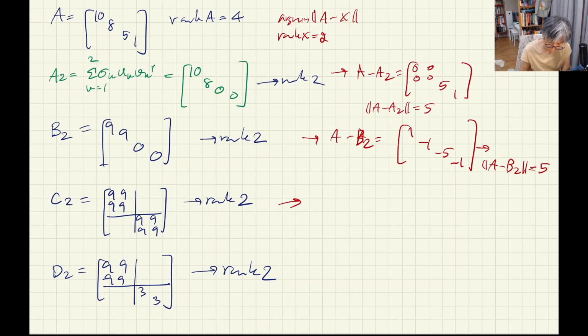In another example, I'm going to generate an n by n matrix A. My question is, what is the best rank 1 approximation?